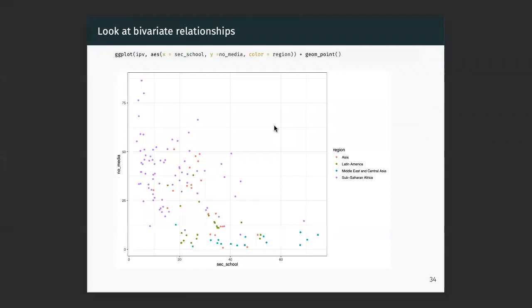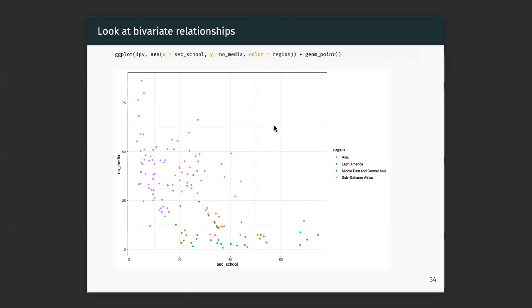Okay, so we talked last time about how we could look at bivariate relationships. And the best visual to look at bivariate relationships between two continuous measures is a scatter plot, right? Where we put one variable on the x-axis, one variable on the y-axis, and each point has a unique location defined by its value for secondary schooling and its value for the no media survey response, right?